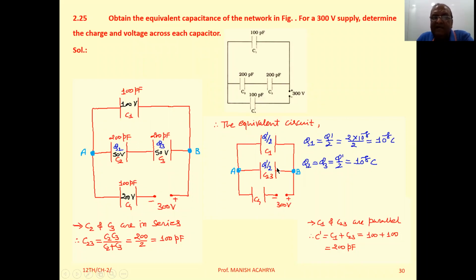It implies that now we can replace this combination of C1 and C23, which are parallel, by only one capacitor having capacitance C dash equal to 200 picofarad. Clear up to this one?